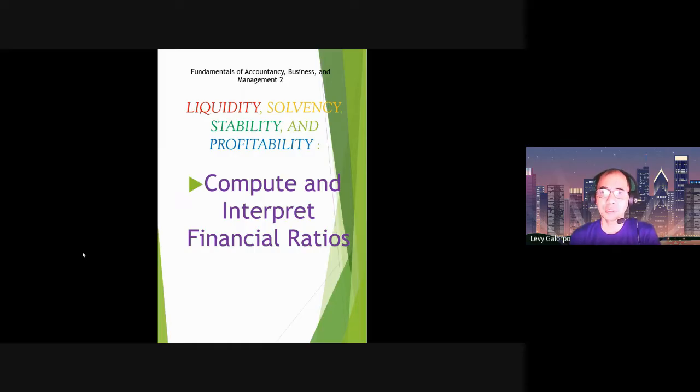Okay? So dito, let us compute and interpret financial ratios. Mula doon sa data or information na makikita natin sa bawat financial statement, magkakaroon tayo ngayon ng interpretation o pag-analyze sa pamamagitan ng mga ratio.